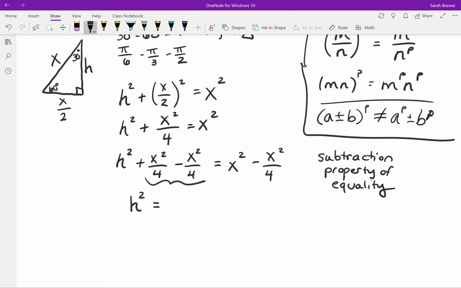So in order to subtract those, I need to get a common denominator. Well, I can always think of something that's not a fraction as being over 1. And here my common denominator would be 4. So in order to get that here, I'm going to multiply x squared by 4 over 4. And the reason I'm allowed to do that is because 1 is the multiplicative identity.